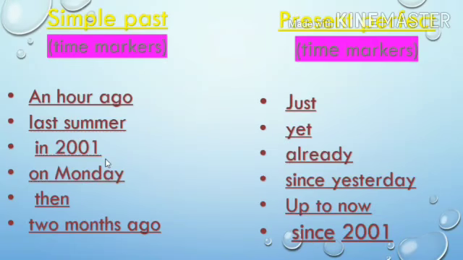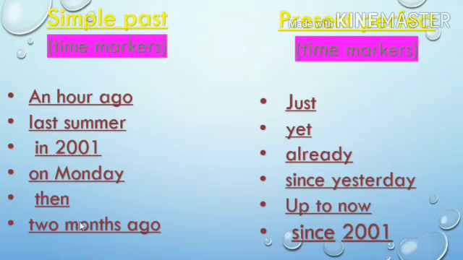So children, here are some time markers used with simple past tense and present perfect tense. We also call it adverbs or adverb phrases. So this you have to keep in mind, okay? For simple past tense, we use time markers like an hour ago, last summer, in 2001, on Monday, then, 2 months ago. These are all finished time, already gone.